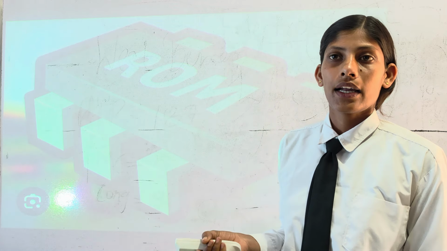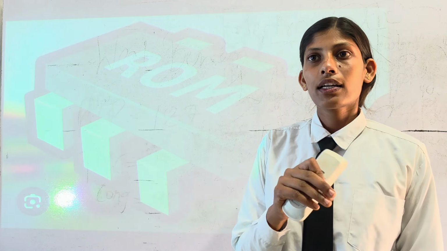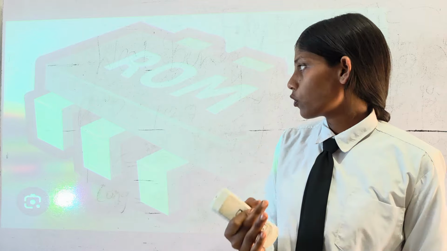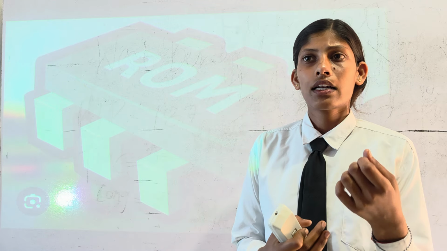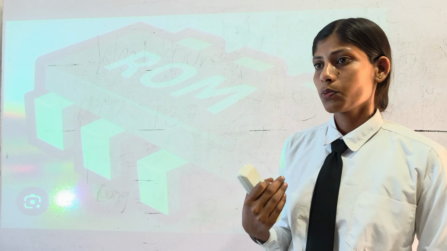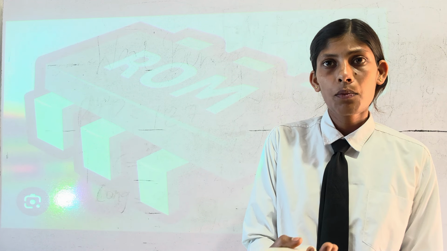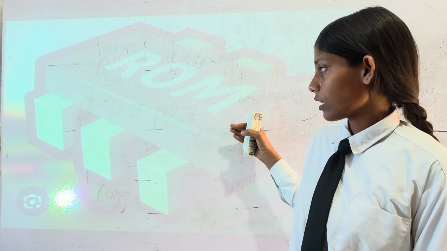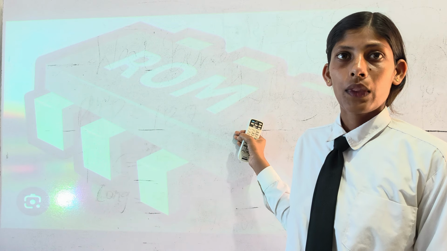It is a part of secondary memory where no one can remove the files and information. And whenever we open our phone and our system, it works. How the system works after we turn it on happens because of ROM.